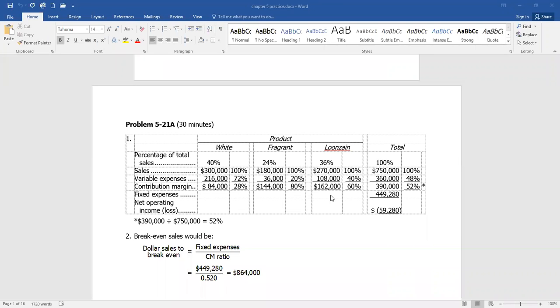Subtract that from the sales to get contribution margin of 162,000. So if that's how the actual sales occur, the contribution margin total will be 390,000, or 52%. 390 divided by 750,000, okay, 52%.